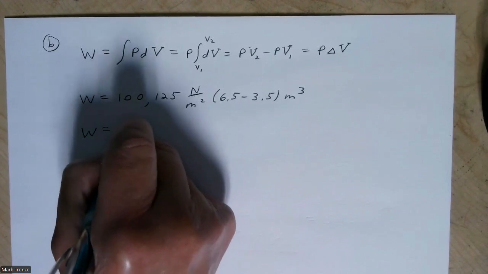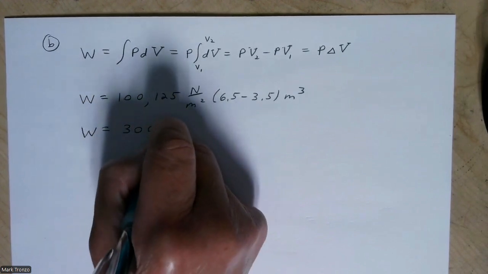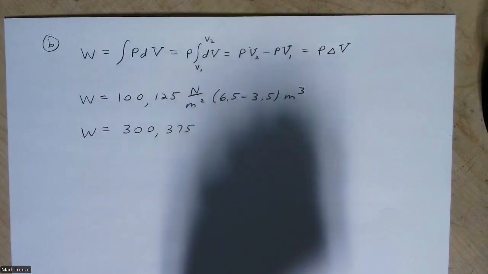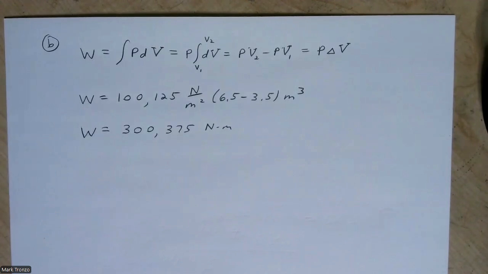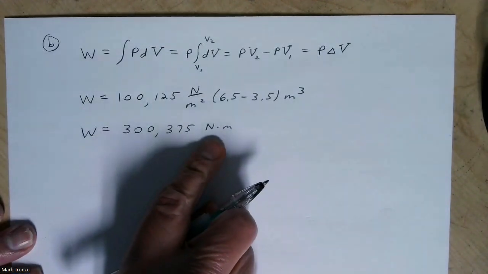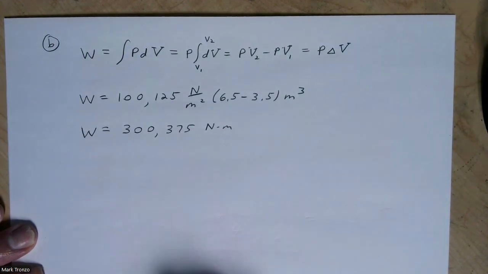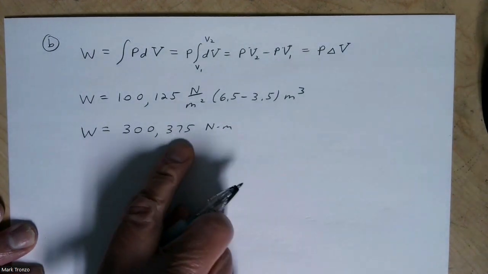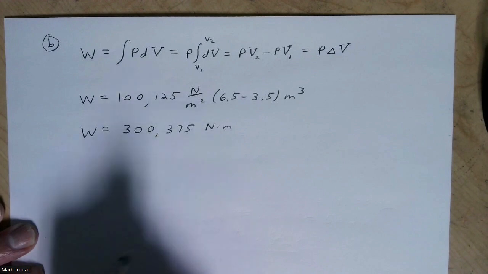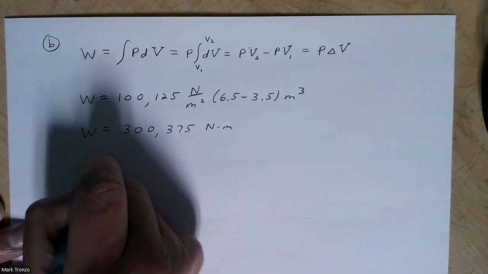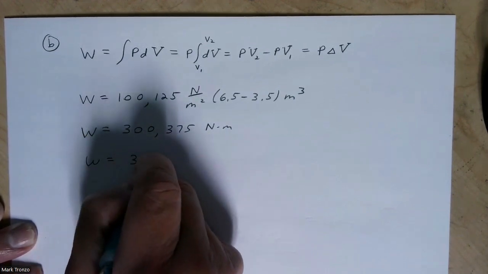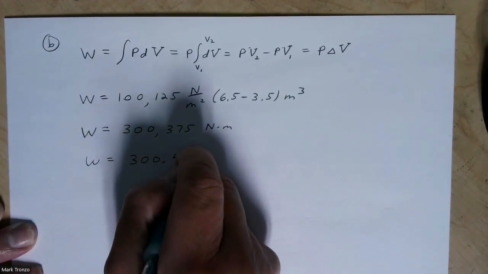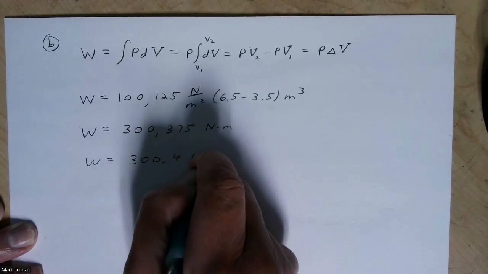So the work is going to be 300,375 Newton meters, like this. And of course, Newton meters is the same as joules. And if we divide by 1,000, that'll give us kilojoules. You can write the work this way, or write 300.4 kilojoules.